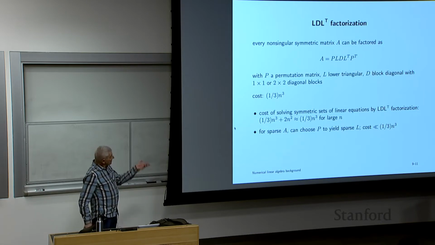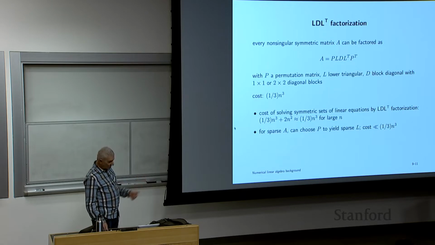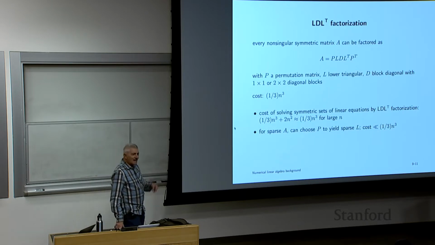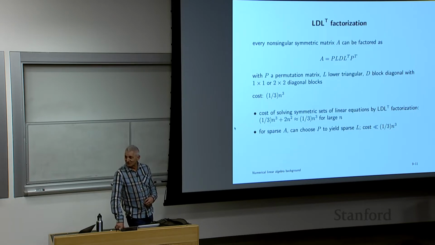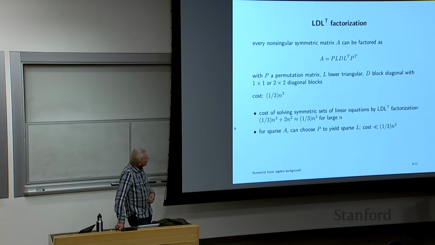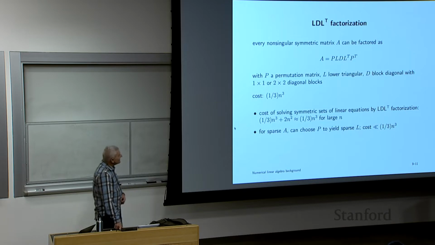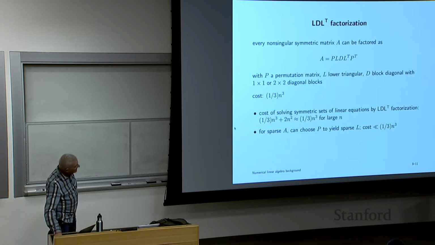But the point is, those are all easily inverted matrices. Permutations, yes. Lower triangular, yes. A block diagonal matrix with 1 by 1 and 2 by 2 blocks, we know how to invert that. We can certainly solve equations like that, right? So this is the LDL transpose factorization.